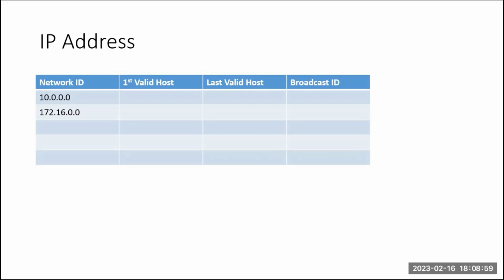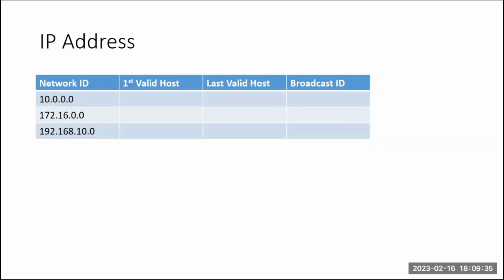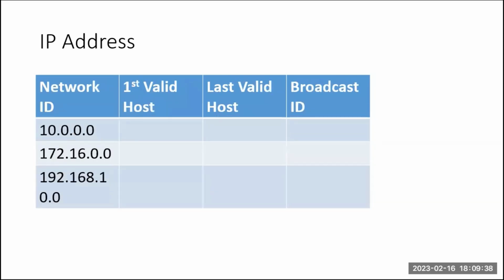The next one was 192.168.10.0. Notice these addresses don't come with any CIDR, so we are talking about the default here. If there was a CIDR, this one would be a /8, this would be a /16, and this would be a /24. Those are the default values. So let's populate these using the default configurations.